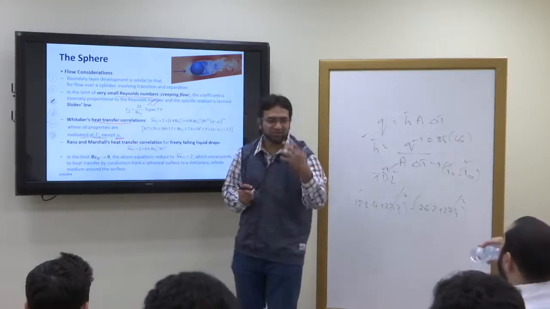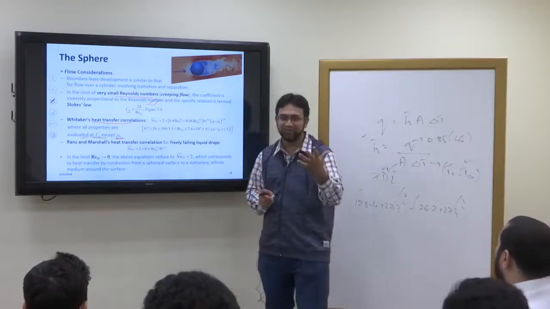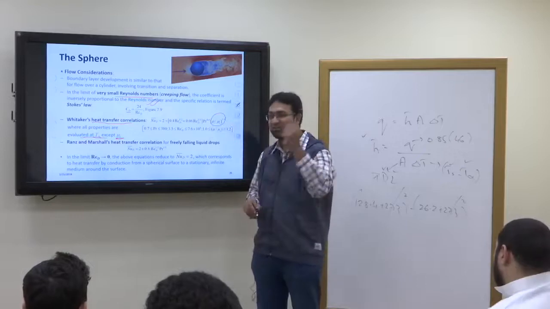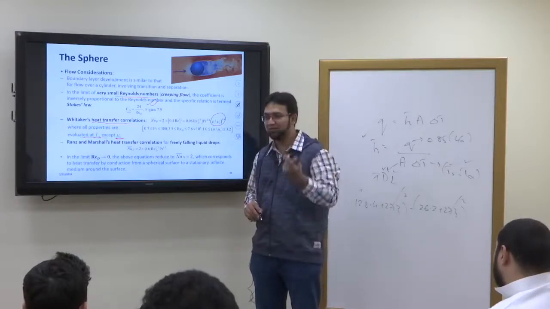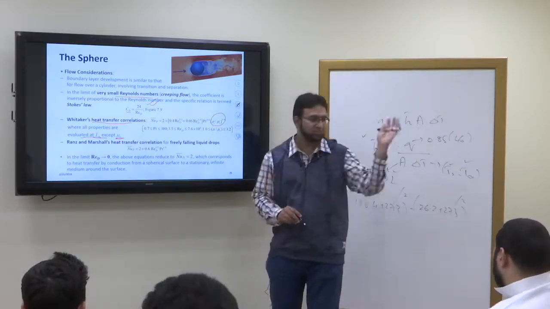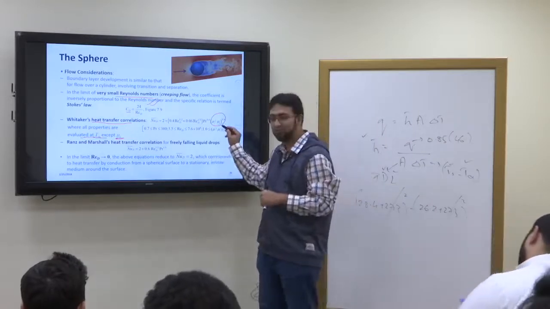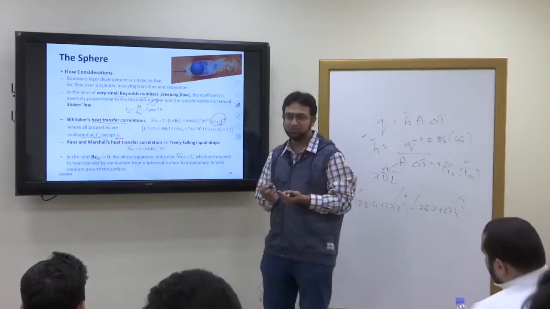So now you see a trend. Last time it was Prandtl number over Prandtl number s. Then all properties determined at T infinity except for Prandtl number s. Now it is mu s.